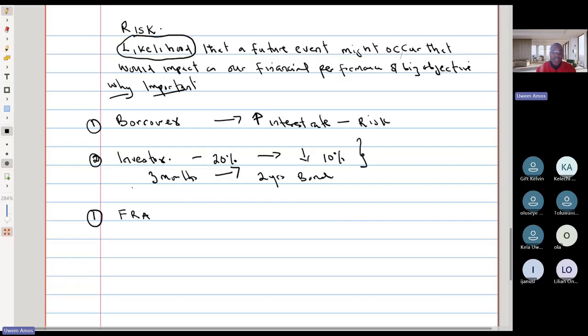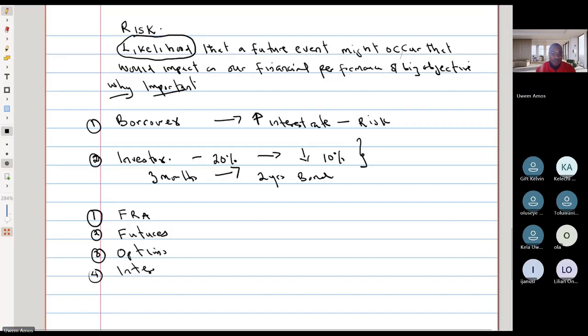So we're meant to know FRA, futures, options, and interest rate swaps. So at the end of this practice and pass session, you would know these first 3. So it leaves you with the last one. Hopefully we have another question that has that one in the course of our practice and pass session.